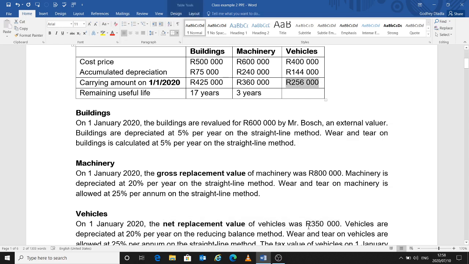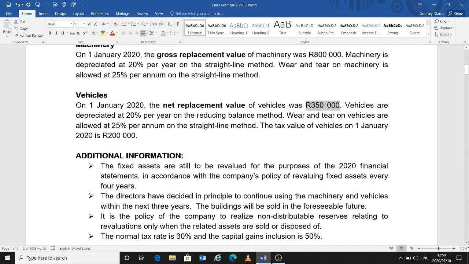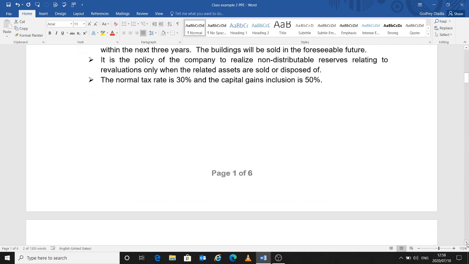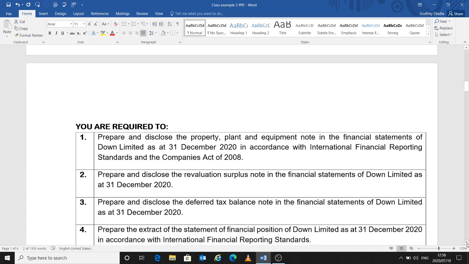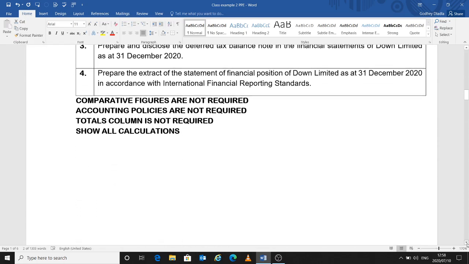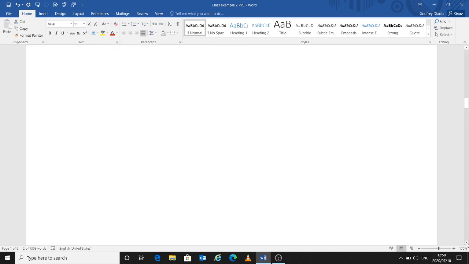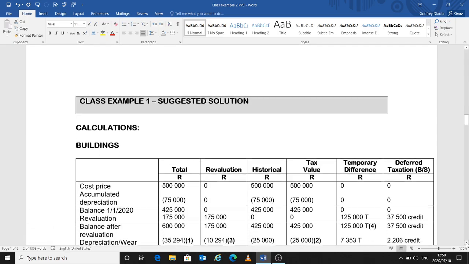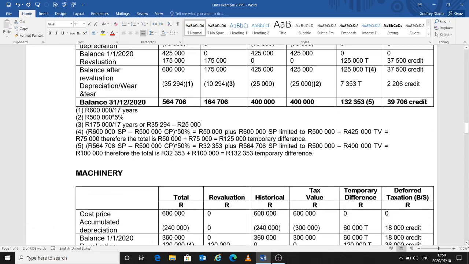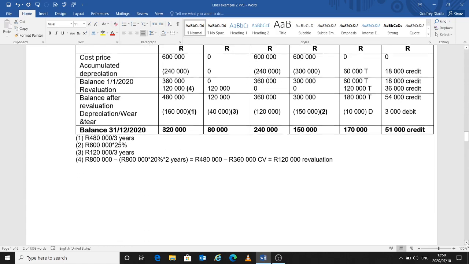So 256 minus this 350 will give us the revaluation amount, right? It's the simplest one. Net replacement is always simpler than gross. Some people, I think, they get confused by gross revaluation method, but net replacement is one of the easiest in terms of the revaluation methods.